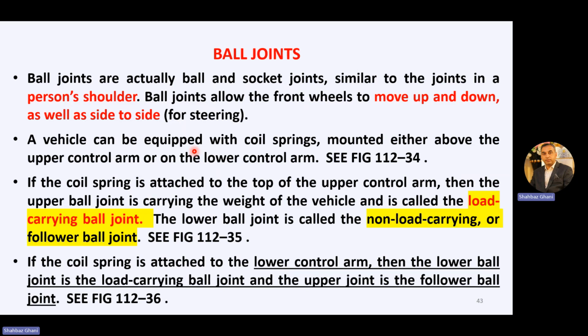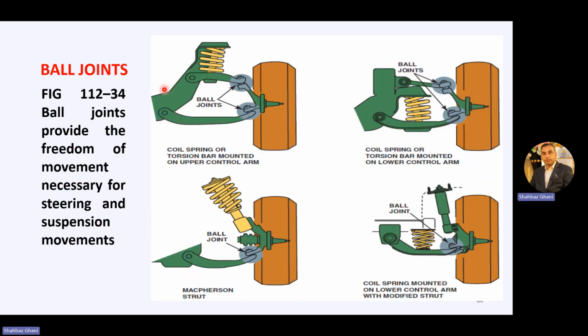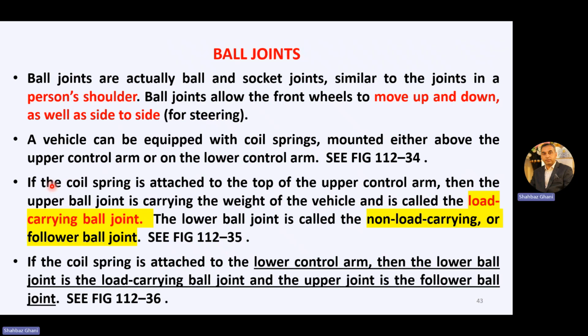A vehicle can be equipped with a coil spring mounted either above the upper control arm or on the lower control arm. We will see in this figure. So let's see, this is the coil spring in the upper control arm and lower control arm. If the coil spring is attached to the top of the upper control arm, then the upper ball joint is carrying the weight of the vehicle and is called the load carrying ball joint.